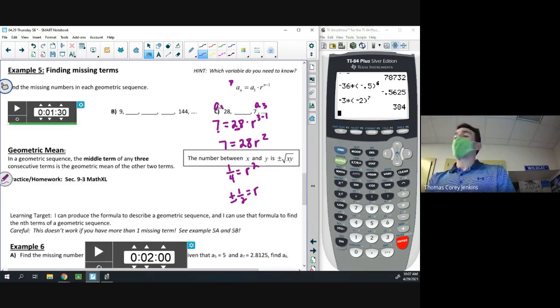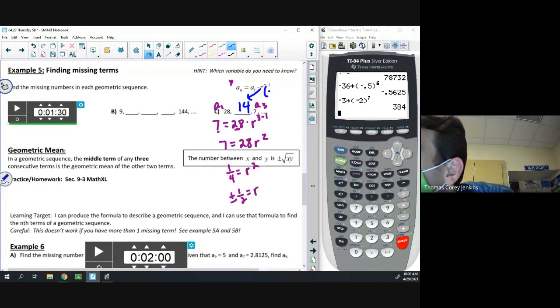So is that what goes in between the 28 and the 7? No, right? That's what we can use to get from 28 to the next one. So 28 times 1/2 would be what? What's 1/2 of 28? 14, right? So 14, or technically speaking, it could be negative 14.